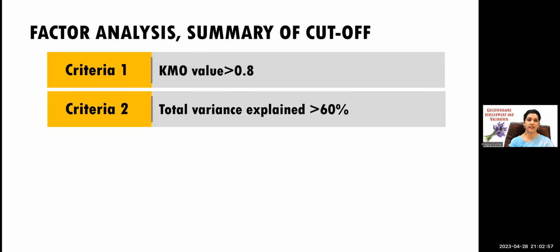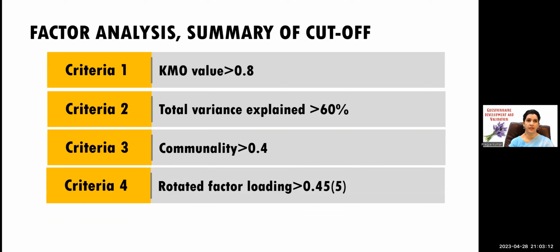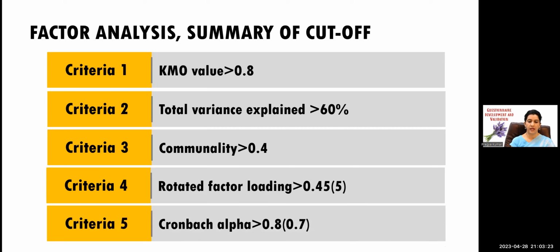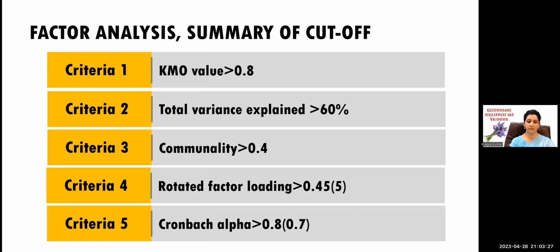The total variance explained, that means the total variance of this construct explained by these factors, should be more than 60%. Communality should be more than 0.4. Rotated factor loading should be more than 0.5, or you can take 0.4 also, but preferably more than 0.5. And Cronbach's alpha, which we did yesterday, should be more than 0.7.